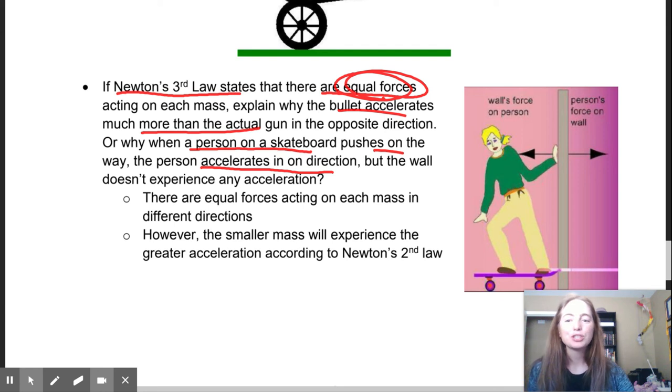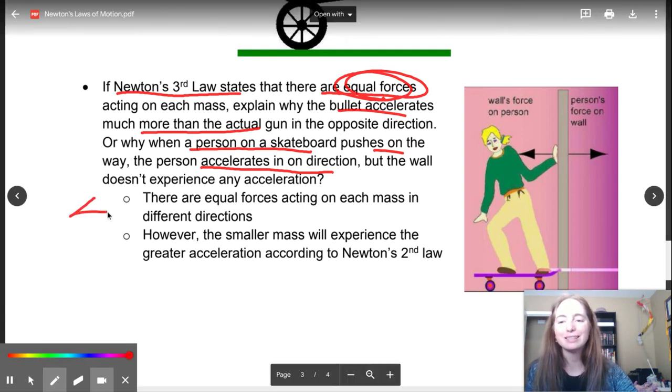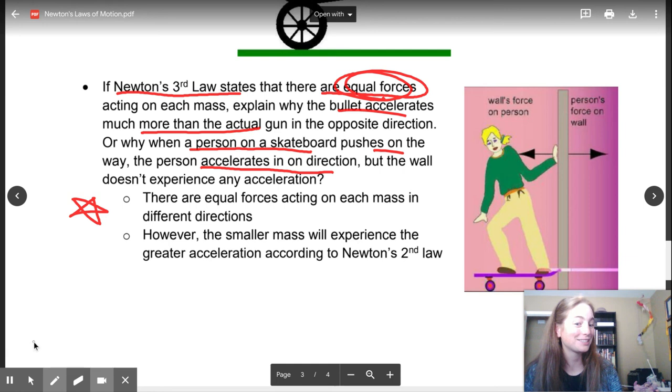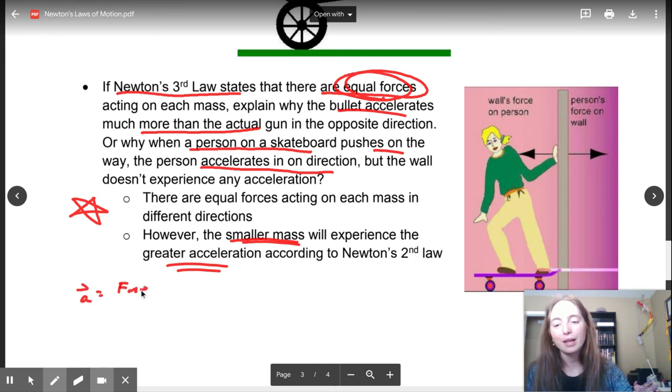Okay, so ladies and gentlemen, less than subtle hint, you're going to see a question about this on your assignment. The smaller mass is going to experience a greater acceleration in this case, because when you look at your equation, a equals F net over m, if you have your mass larger, this number is going to be smaller if F net is the same.